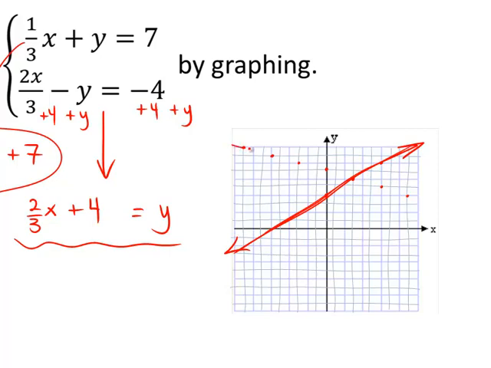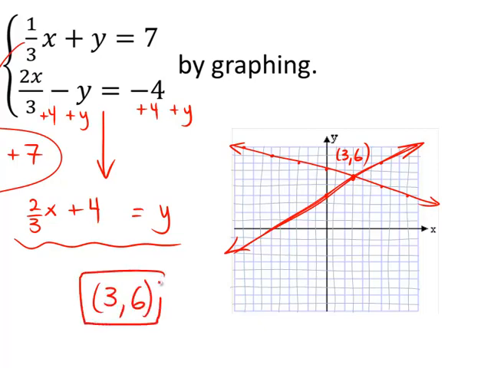And this will give you this line. However, in this case, you can already see that the common point here was 3, 6. And therefore 3, 6 is the single solution for this example.